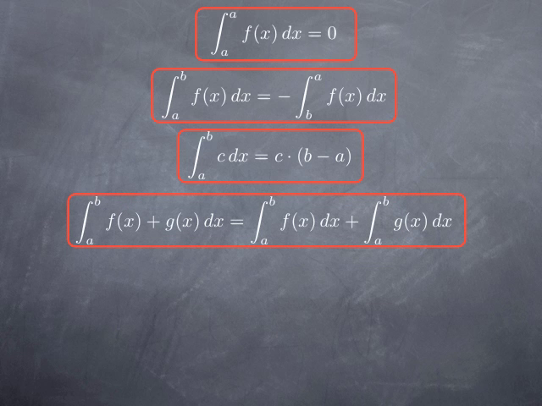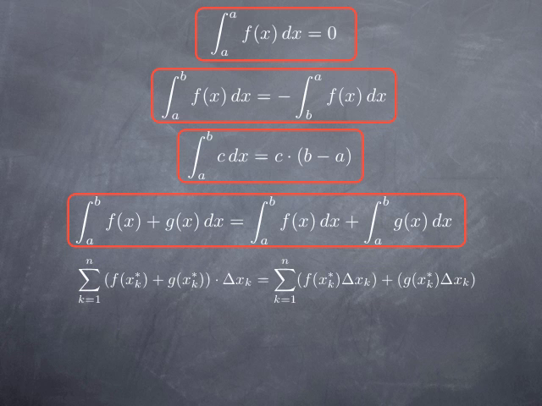The integral of a sum is the sum of the integrals, and this is relatively easy to see from the Riemann sums. If I consider the Riemann sum for a certain pointed partition of the interval [a, b] for the function f plus g, then I'm evaluating f and g at the sample points, taking the sum and multiplying that by the width of the subinterval and taking the sum over all the subintervals.